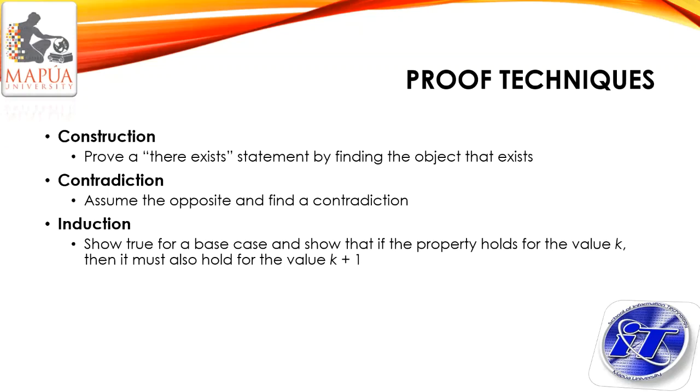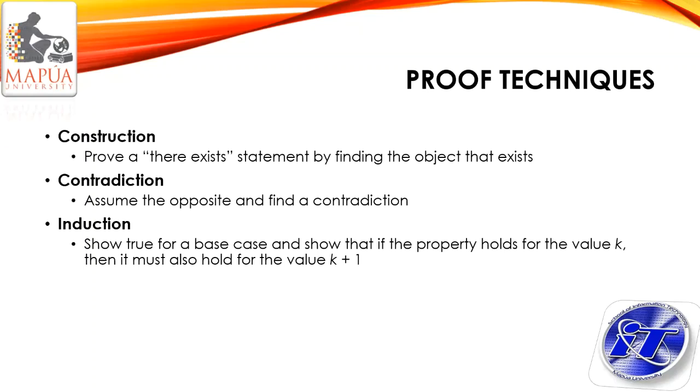While for induction, this is used to define if a mathematical equation that involves natural numbers is true or false. We're going to prove it beyond the limit wherein the equation is known to be true. So if the upper limit is k, we're going to prove that equation beyond k, which is k plus 1.